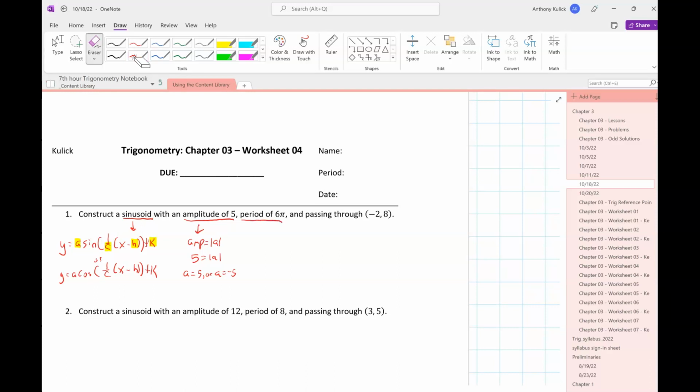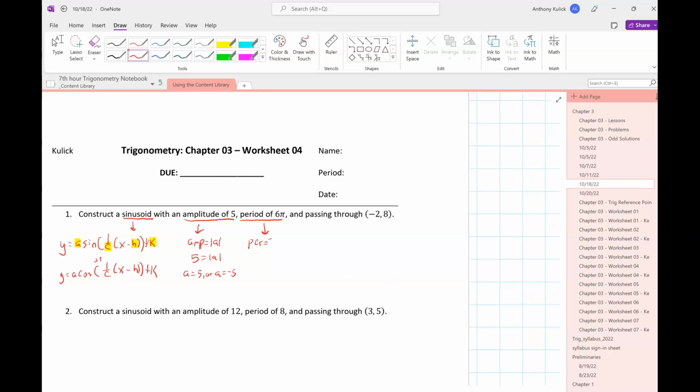It tells us the period needs to be 6 pi. What is the period related to? A, C, H, or K? Again, this is one you'd want to remember.